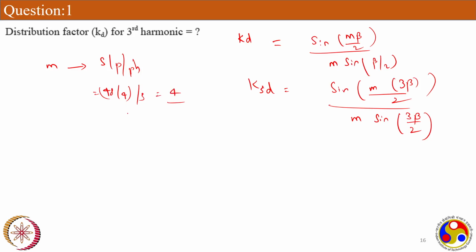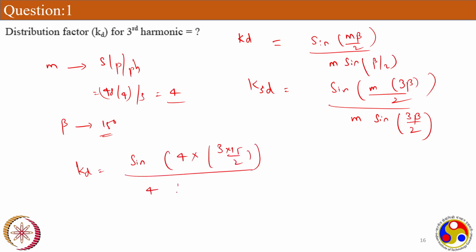So it is 4, and beta is 15 degrees in this question. So KD will be sine of 4 times 3 into 15 by 2, over 4 times sine of 3 into 15 by 2. You can calculate it. 3 times 15 is 45, 4 times 45 is 180 by 2 is 90, sine 90 is 1, over 4 sine 45 by 2.